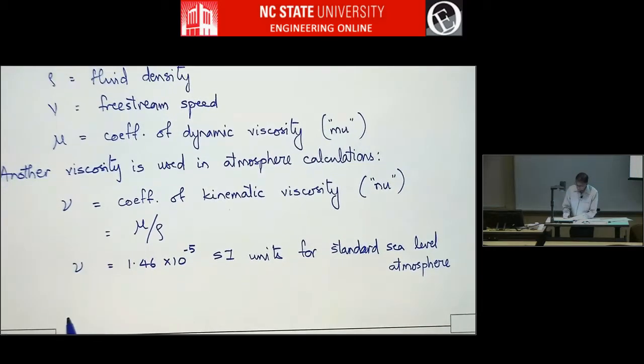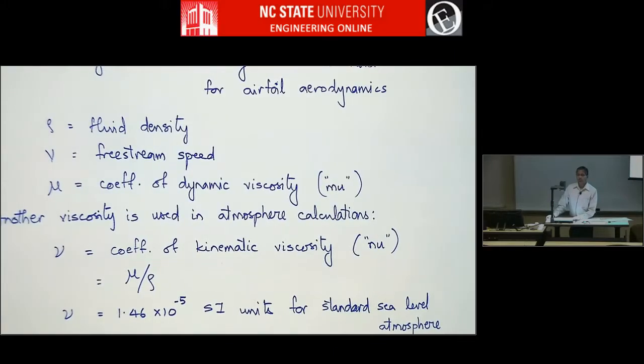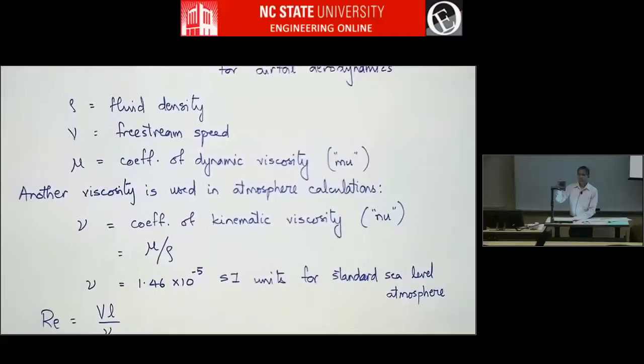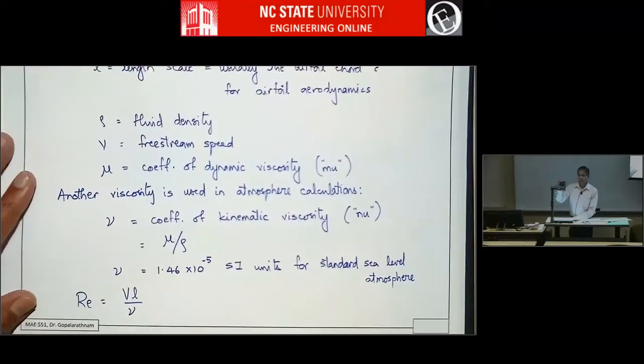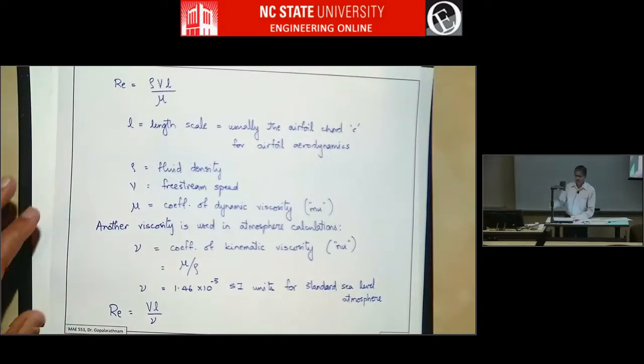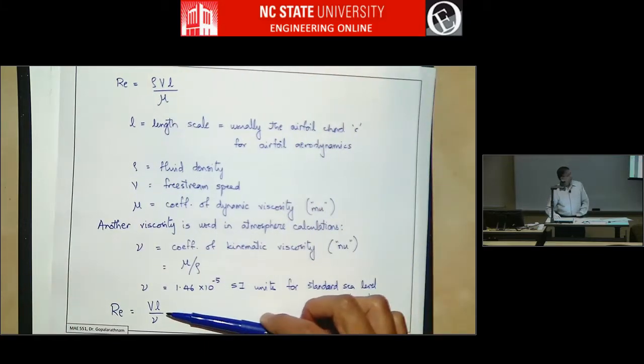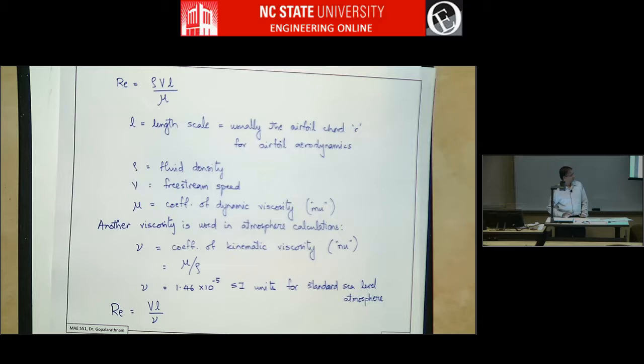So Reynolds number can also be written as V times L over nu instead of rho V L over mu. So there are two ways to write Reynolds number. One is with rho and mu, or the second way is with nu but without rho.